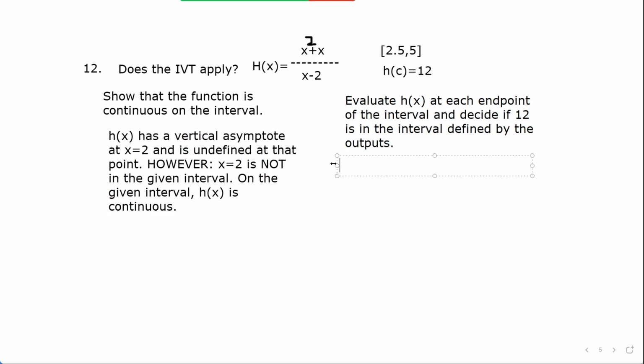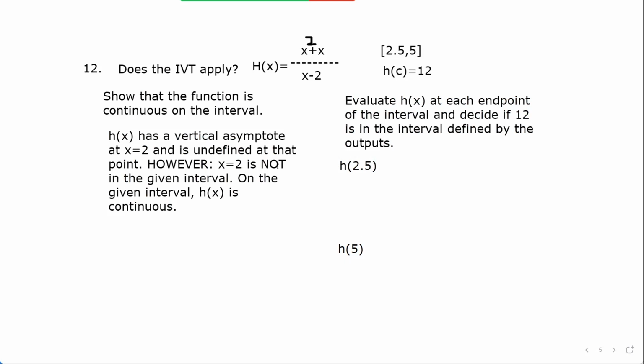So h of 2.5 and h of 5. Okay, take it from there.